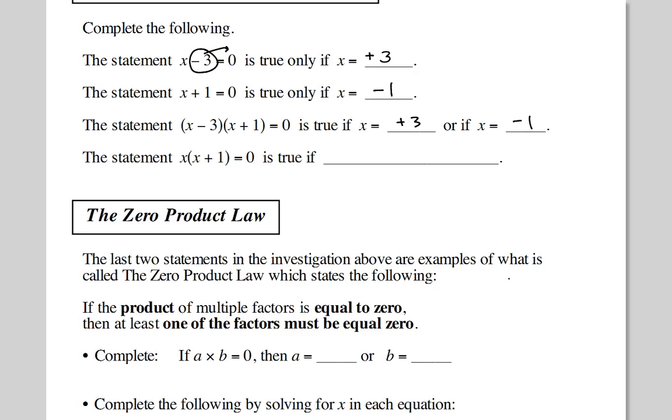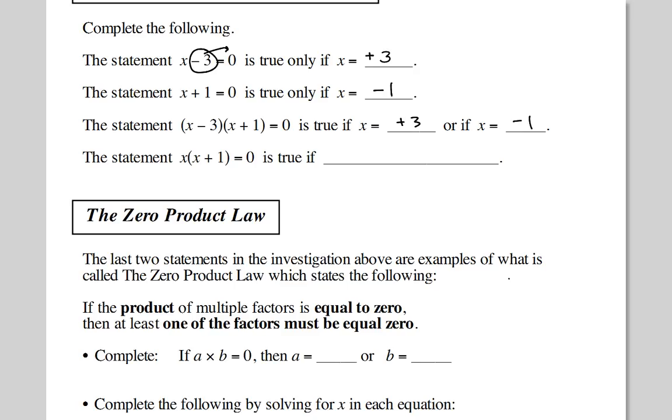You would put 3 minus 3, you'd get 0, and then you'd have 3 plus 1, which is 4, and 0 times 4 is 0. Now, if you use minus 1, you'd have minus 1 minus 3, which is minus 4, times minus 1 plus 1, which is 0. You'd have minus 4 times 0, which is 0.